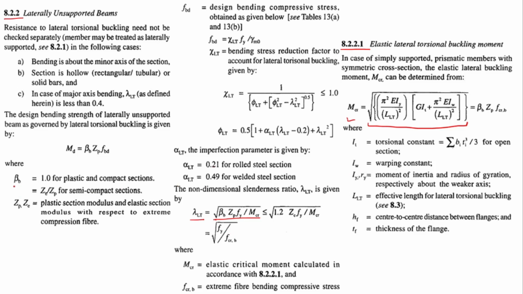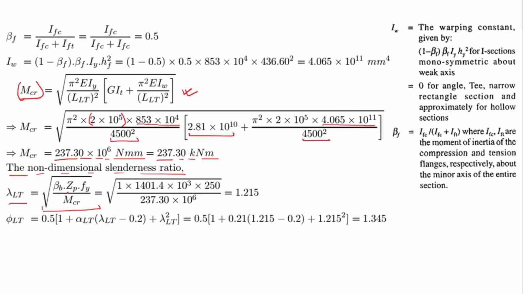If you see the same clause 8.2.2, it is 1 for plastic and compact section. Then ZP, which is already noted down from the steel table, which is the plastic section modulus. Then Fy is the yield stress of the steel, which is 250 Newton per mm square, and MCR is calculated. And finally, the non-dimensional slenderness ratio is calculated as 1.215.